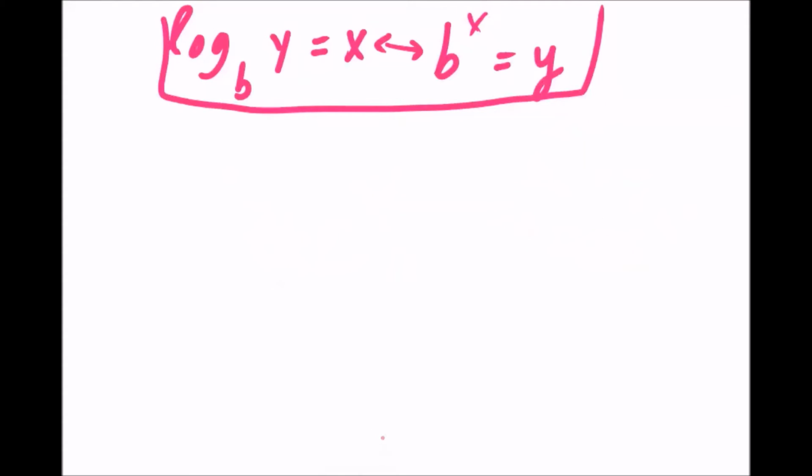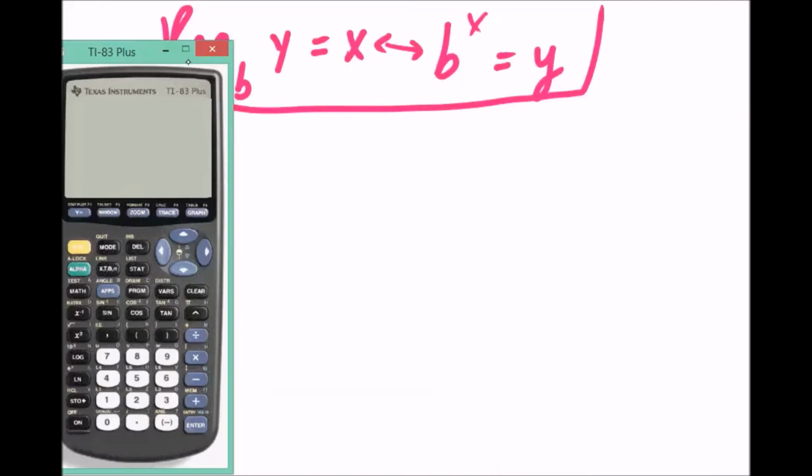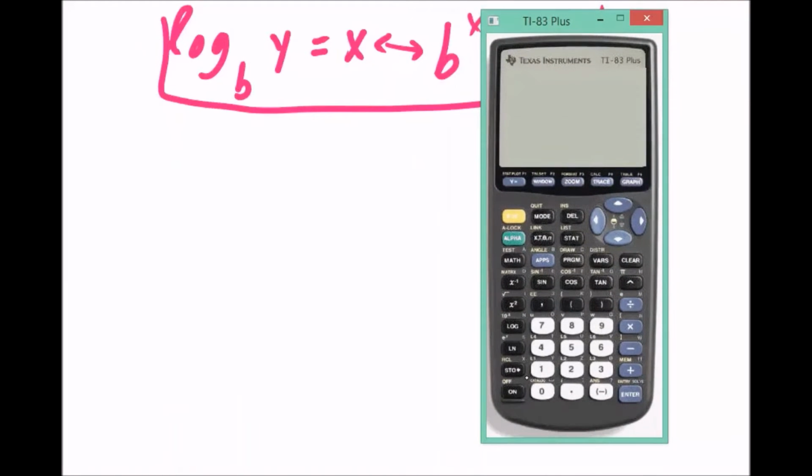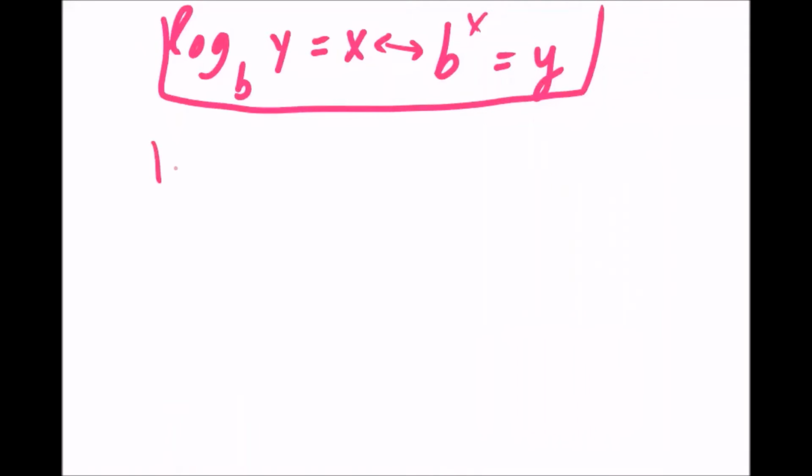The problem with logarithms is that we've actually reached the limits of what the graphing calculator can do for us. The graphing calculator has a button that says log, which is right here, down here on the bottom left area. But that only works when we're dealing with log with a base of 10. It can't do anything else.